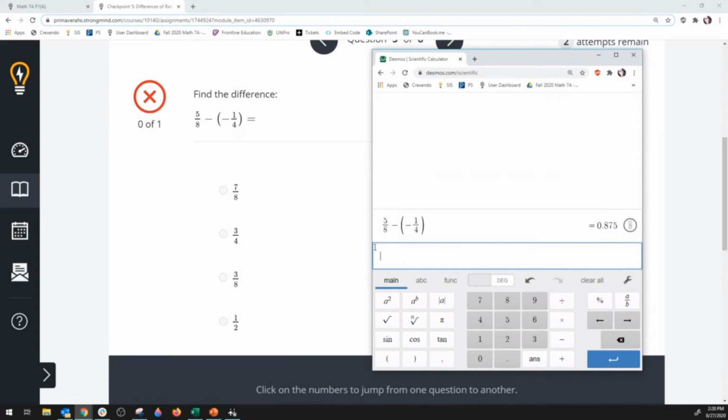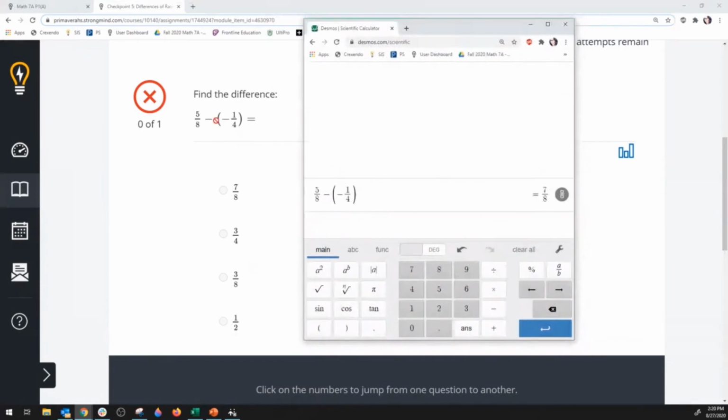Close my parenthesis, hit enter. I have a decimal, but I can convert that to a fraction. And when I do that, I get 7/8. So again, make sure that this expression we have here on our checkpoint is the same thing that we're typing into our calculator. So for this one, we would pick 7 over 8.